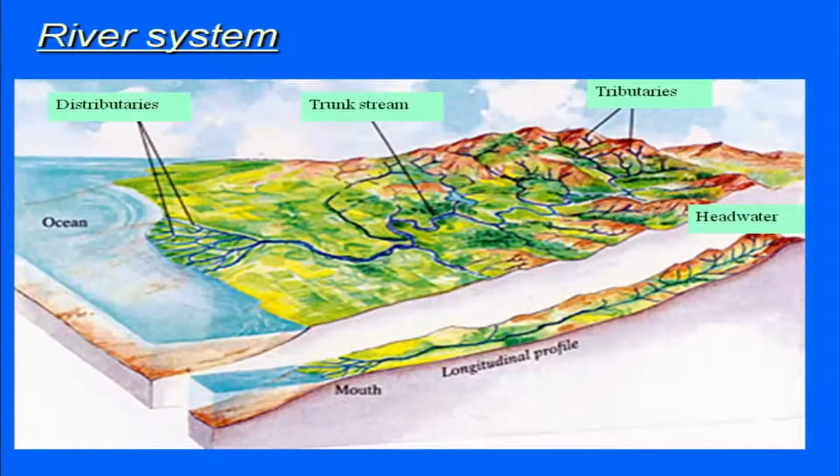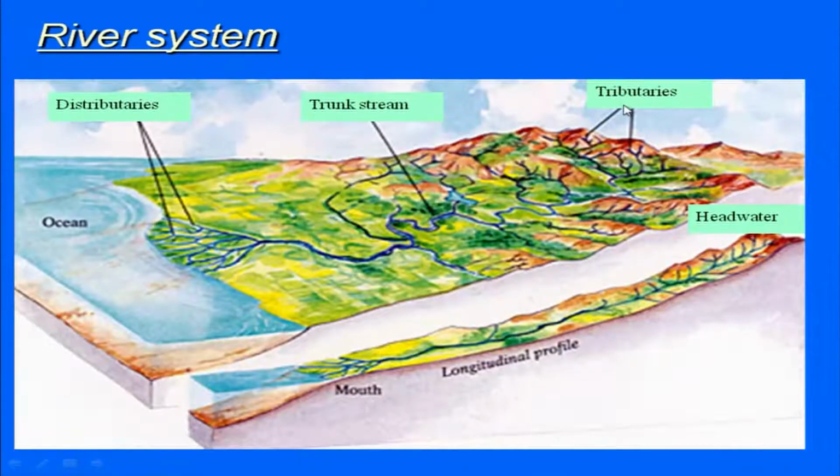It could be an ocean, it could be a water body, or it could be another channel in which it merges or joins. So uplands, the hilly areas, of course the slope is there and the gradient will be higher here.